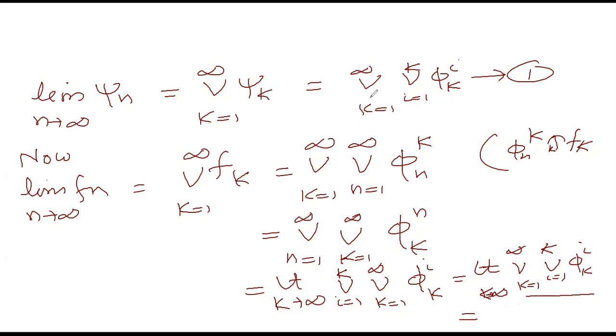Limit of psi is this, k runs from 1 to infinity, because k is approaching to infinity, i runs from 1 to k. If you vary i runs from 1 to k, then you take k approach to infinity. This is same as join k runs from 1 to infinity, join i runs from 1 to k phi ki, and that's equal to this limit.